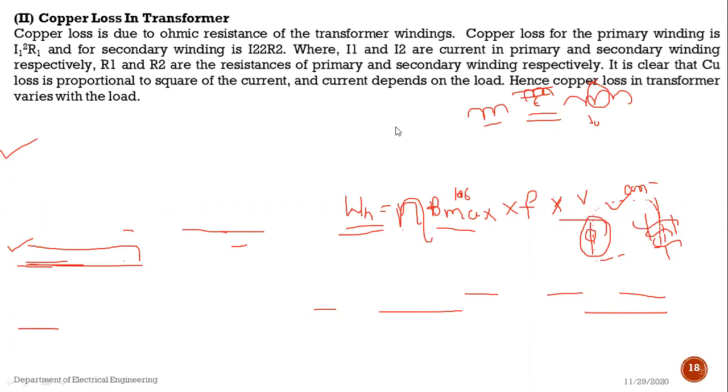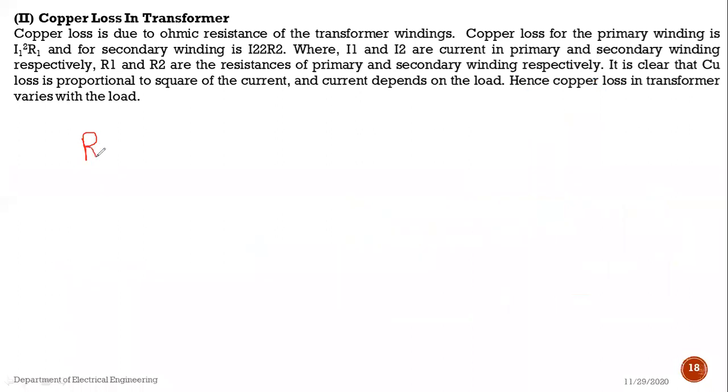Consider the copper loss in the primary winding. Suppose the primary winding has resistance R1, and the current flowing through the primary winding is I1.